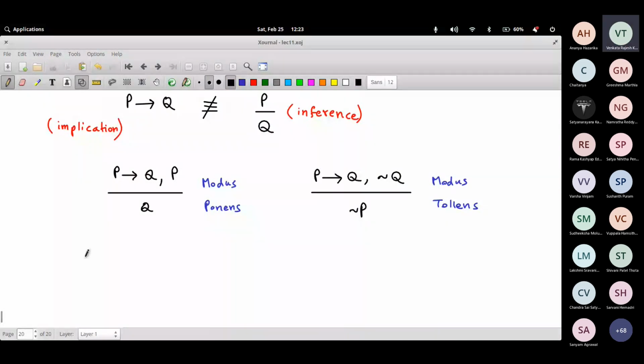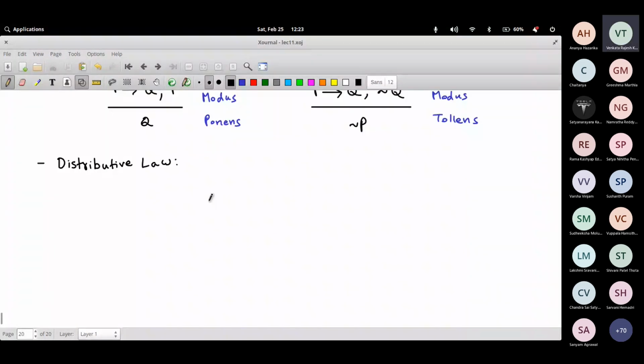And then there is something called distributive law. Like you have distributive law in mathematics, you also have a distributive law in Boolean logic. This is also self-evident. That is, P or (Q and R) is equivalent to (P or Q) and (P or R), right?